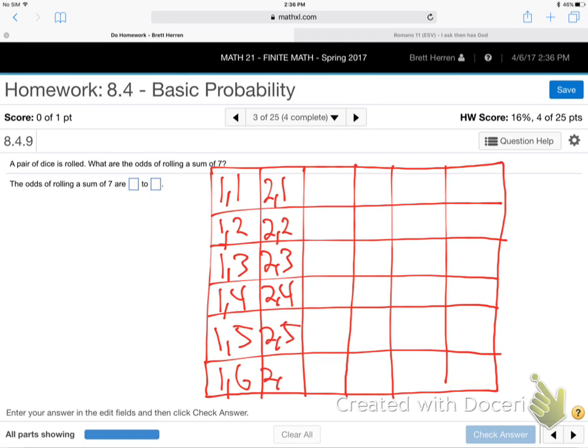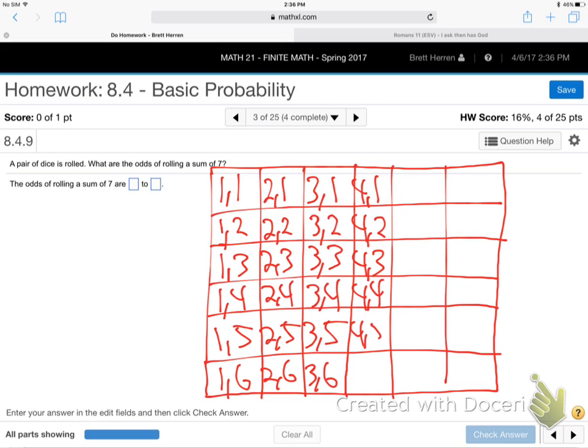It'd be good. I'd encourage you to put this on your 3x5 card for the next test. I'll remind you as we get closer. But this is going to basically show everything that can happen when we roll 2 dice. Or 1 die twice, same thing.